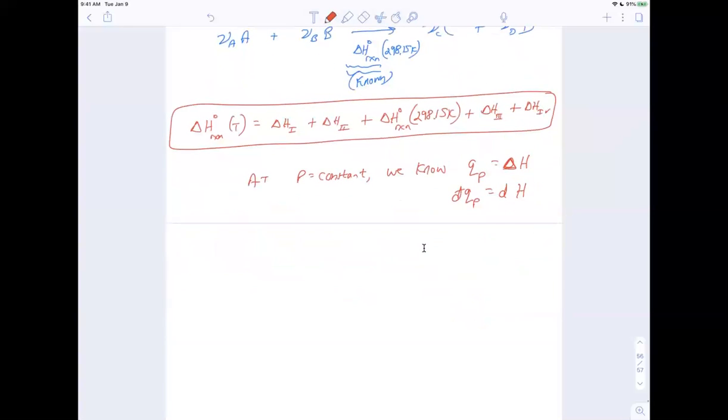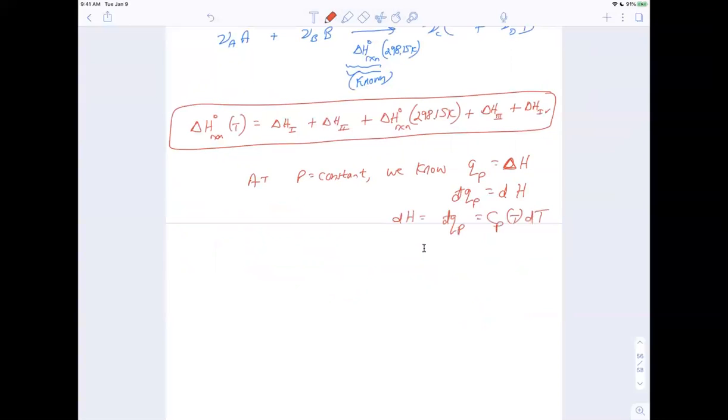And now I won't get too much into the details of this. Let me just reiterate that dqp then is equal to Cp of T dt. Remember that, and that's going to equal dH.